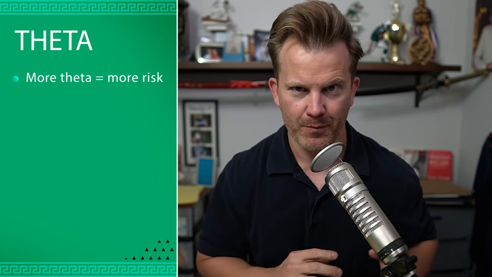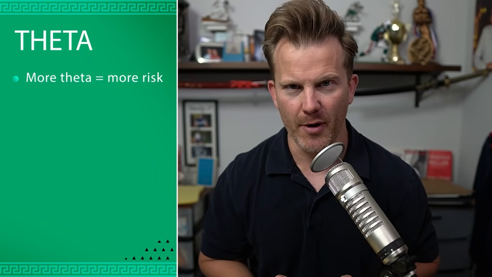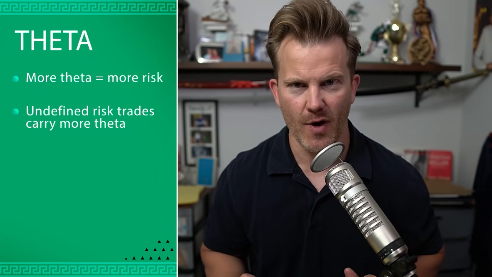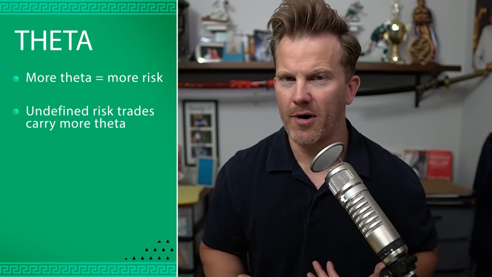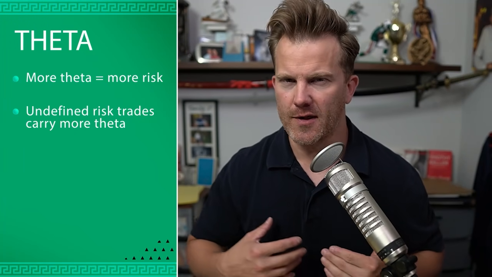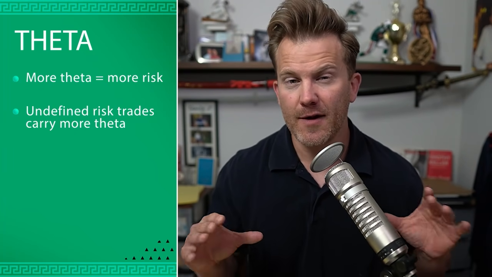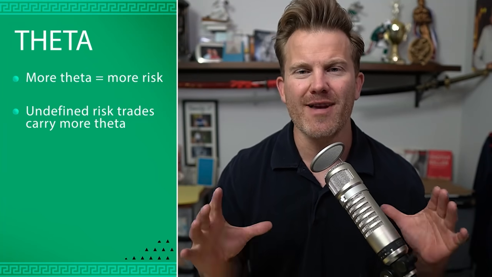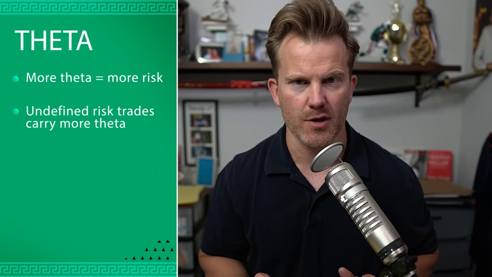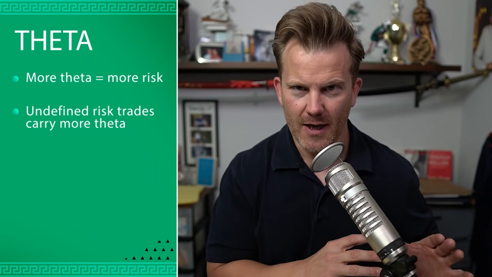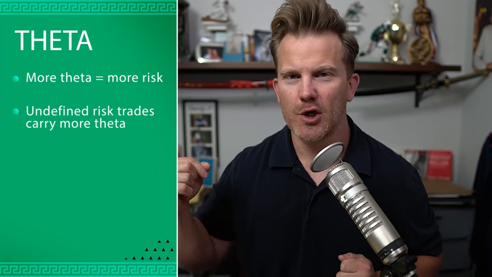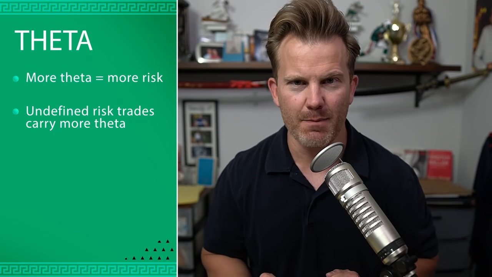And here's how. The primary way that you are going to build up Theta in your portfolio is through undefined risk strategies, like strangles, short puts, ratio spreads, straddles, etc. Vertical spreads, iron condors, butterflies: these are terrific strategies, but they're not going to build up appreciable amounts of Theta. Undefined risk positions are going to do that. If you have more undefined risk positions on, then you are exposed to bigger and bigger swings in P&L.